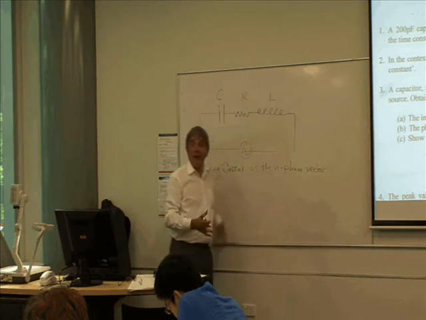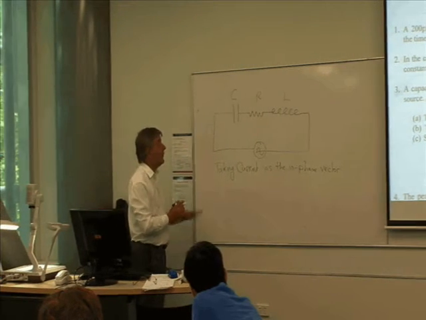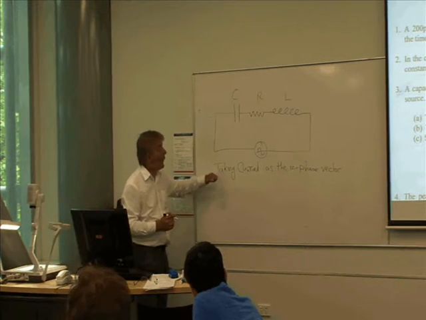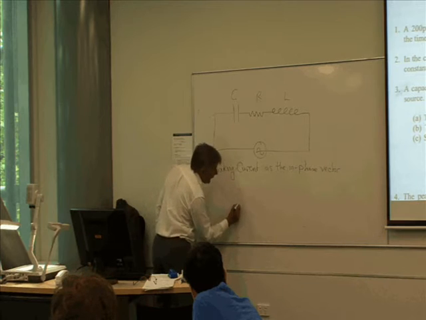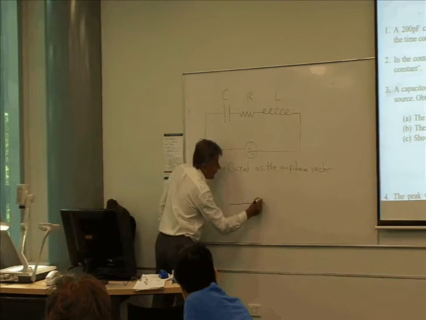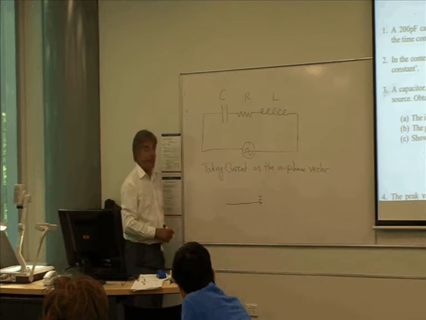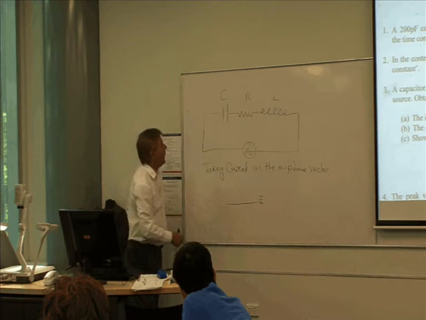Now what that means is we're comparing other vectors to the current. So that's our reference vector. In a phasor diagram, we draw the current somewhere, normally horizontal.